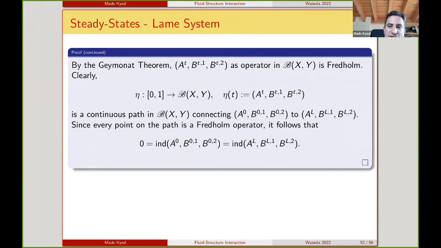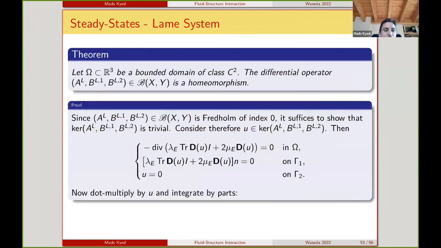So I have a path in the Fredholm component of bounded operators from X to Y. Due to the theorem I showed you before, the index remains unchanged on this path. So the 0 index of the simple Laplacian problem remains for my Lamé problem. So my Lamé operator has index 0.